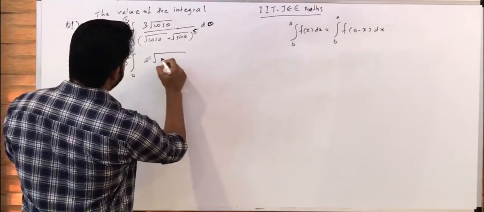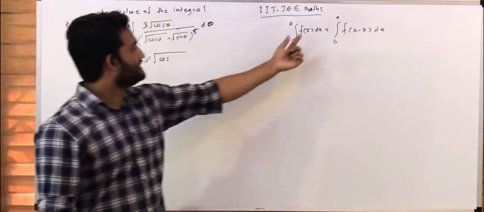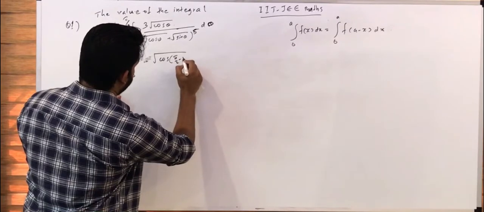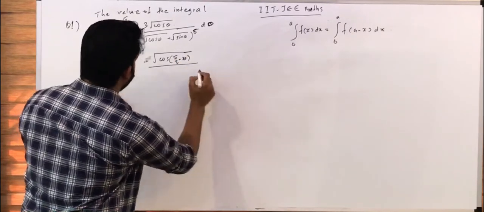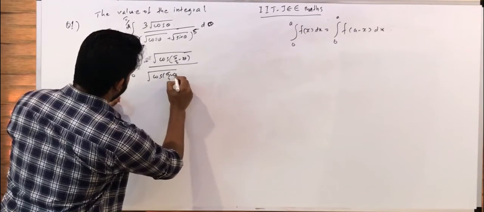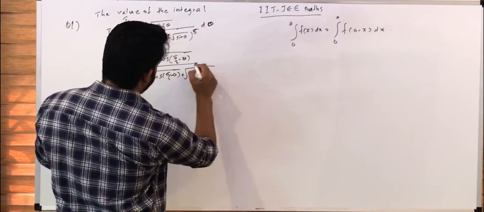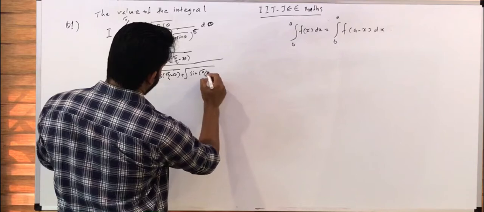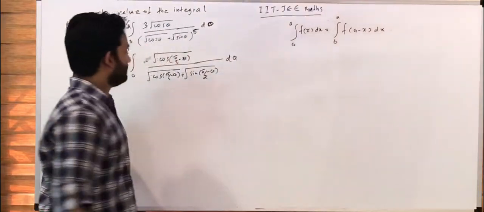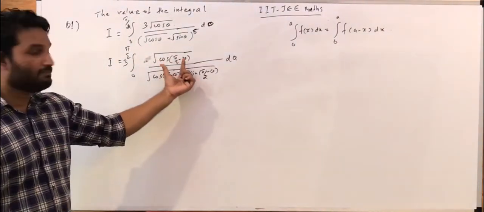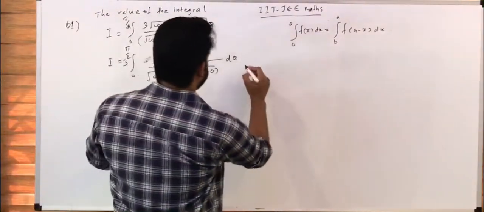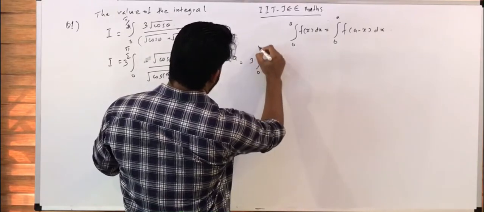Then root cos of (a minus x) becomes pi by 2 minus theta, divided by, similarly in the denominator, cos of (pi by 2 minus theta) plus root of sin of (pi by 2 minus theta), d theta.